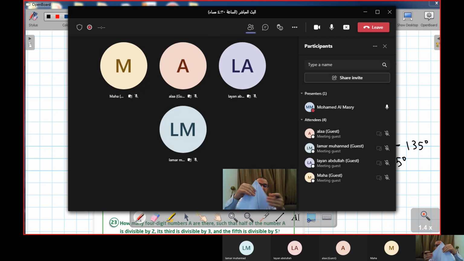Then when you fold the paper like this, it will be 22.5. So I will have 22.5, which is equal to 45.